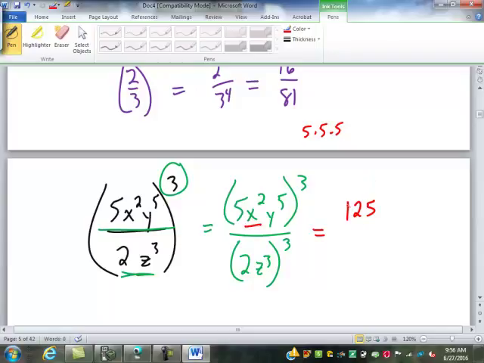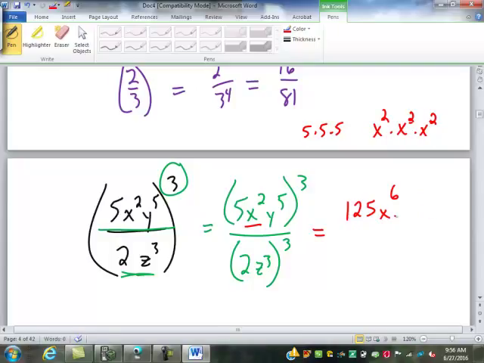What do we do with our powers when we raise a power to another power? You add the powers. Very good. Oh, no, you don't add the powers, sorry. You multiply the powers. So x squared to the power of 3 is actually x to the 6. Remember, x squared to the power of 3 is x squared times x squared times x squared. 2, 2, and 2 make 6.